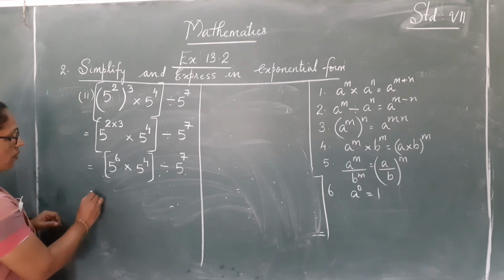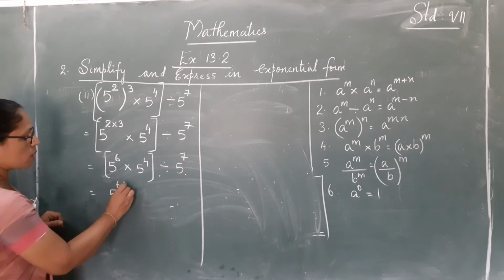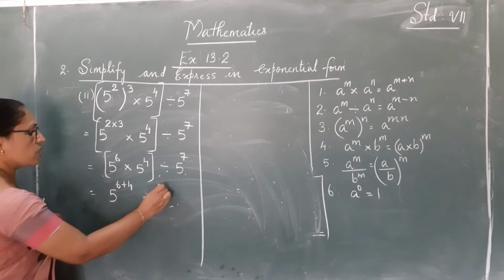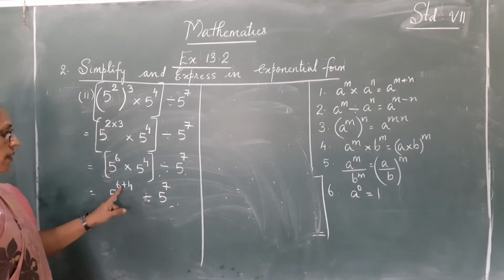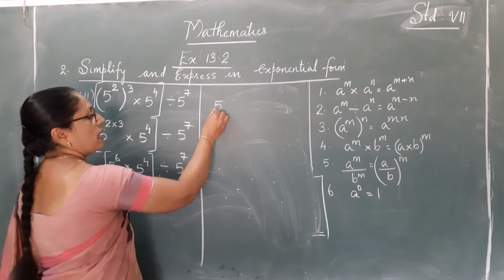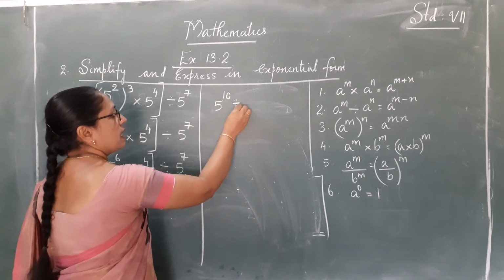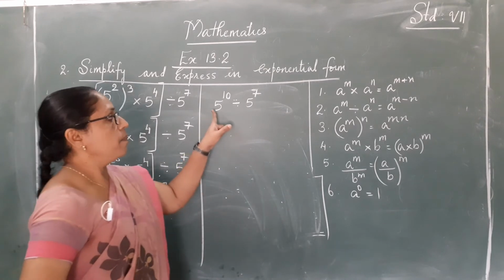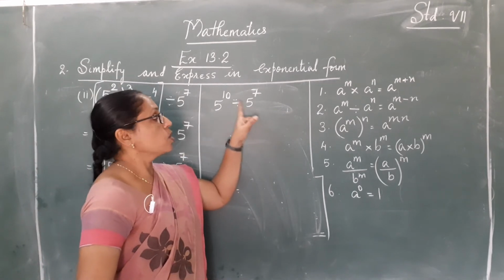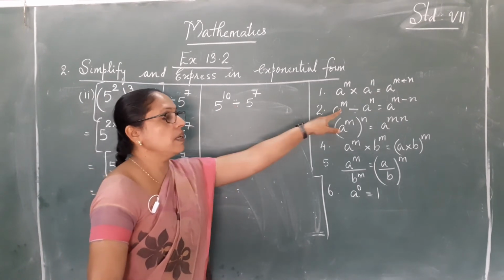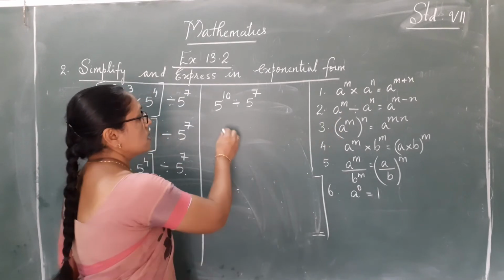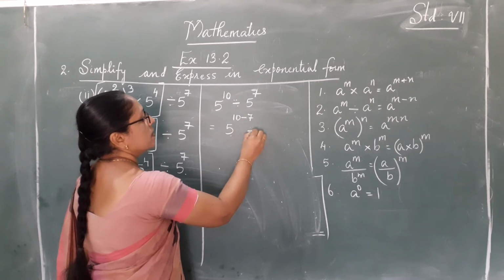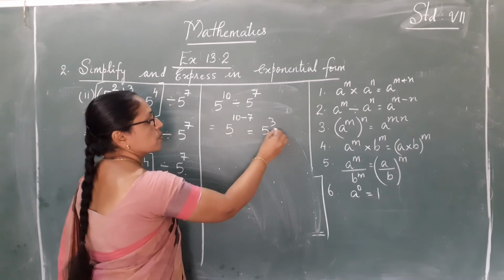So 5 raised to 6 plus 4 divided by 5 raised to 7. So 5 raised to 10 divided by 5 raised to 7. Again you see, bases are same. So when bases are same and division, we apply the second law. That is 5 raised to 10 minus 7, which is equal to 5 raised to 3.